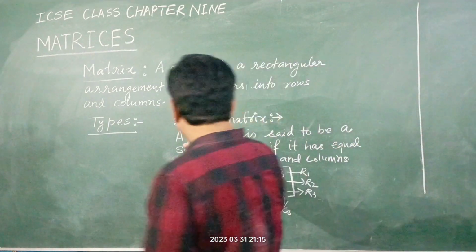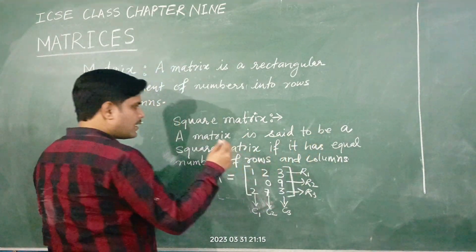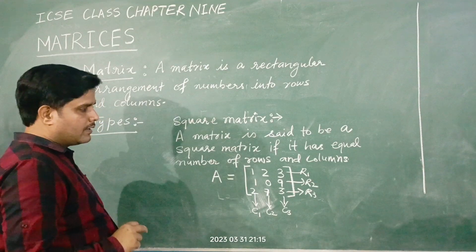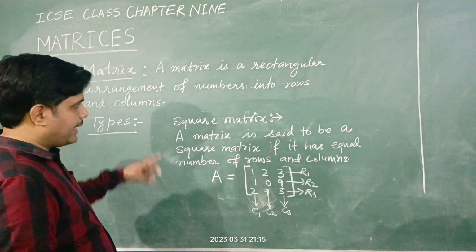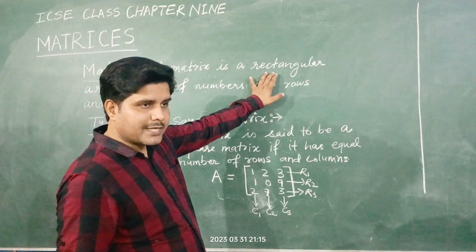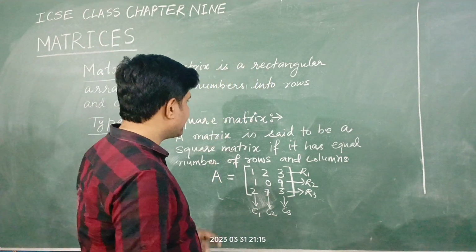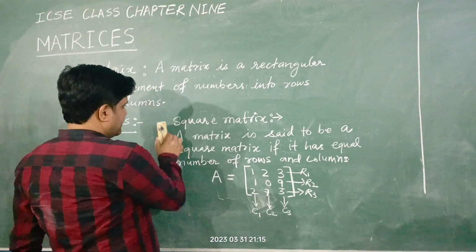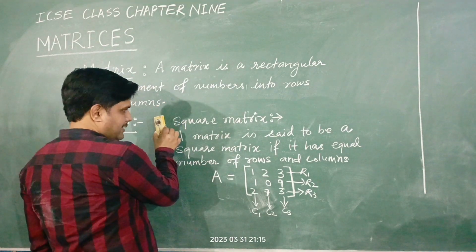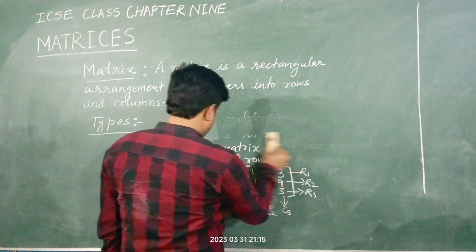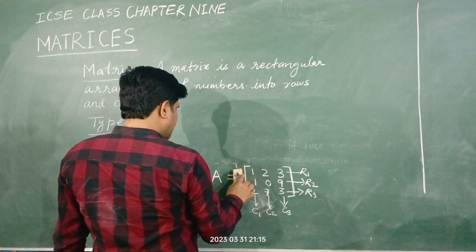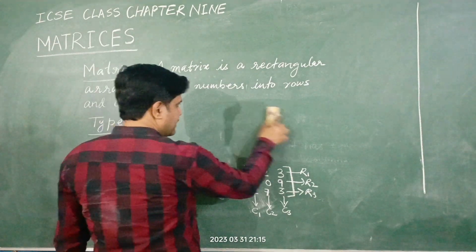Now, as I said, the square matrix is a matrix that has equal number of rows and columns. In the beginning I said a matrix is a rectangular arrangement, and now you can understand that a square matrix is also a rectangular matrix. Is there any confusion regarding how a square matrix is a rectangle?